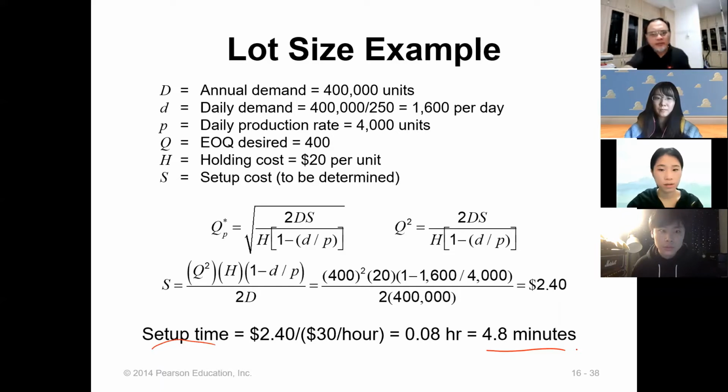In this case, this is Q star, and of course this is the formula for the setup time. I'm not going to go through this, just to show you that you can do some calculations using the formulas to determine it.